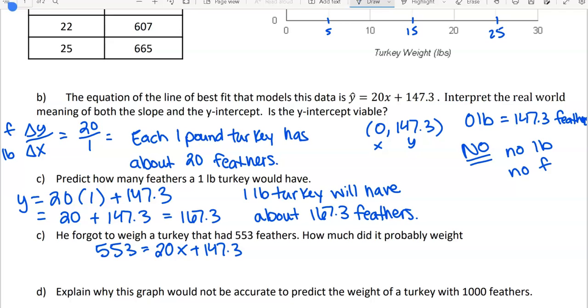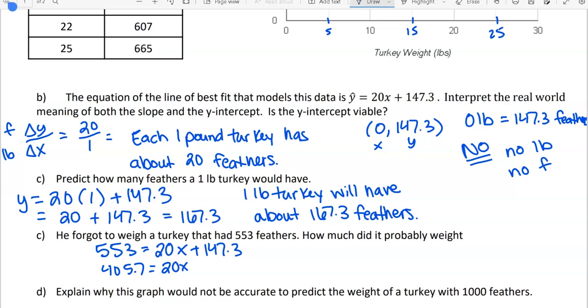So to get x by itself, we're going to subtract 147.3. So 553 minus 147.3 is going to give me 405.7 equals 20x.